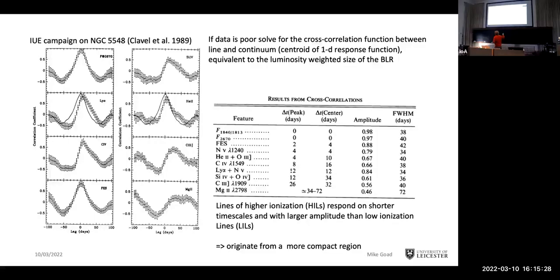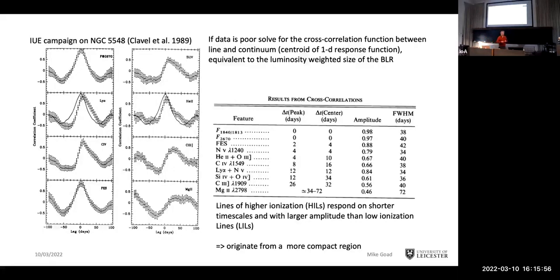They are distributed spatially. If you take, for example, a high-ionization line such as helium-2 or nitrogen-5, they have much shorter delays than the lower-ionization lines, for example magnesium-2. So a key result of those early campaigns is that the broad-line region is spatially extended.